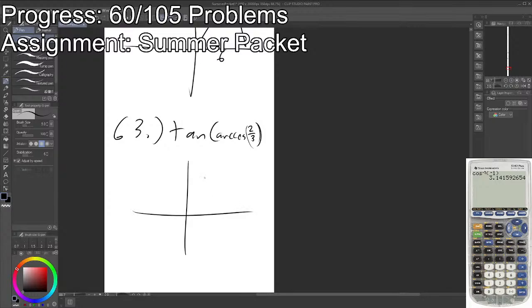So I'll draw the reference triangle. Which quadrant would I have to be in? Quadrant 1. Okay, this is adjacent, hypotenuse.